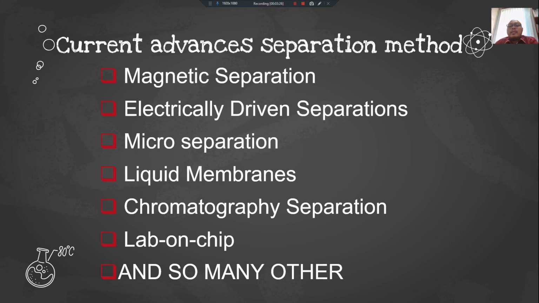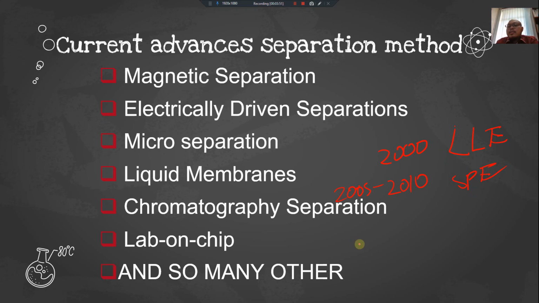If, let's say, in the year 2000, the most famous method of extraction was LLE. In 2005 or 2010, they started to employ SPE as one of their standard methods.